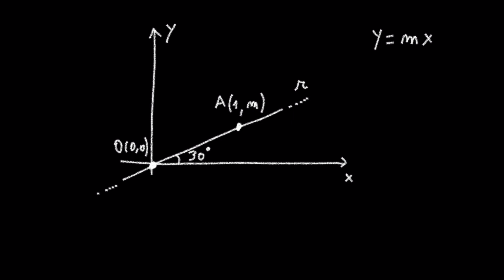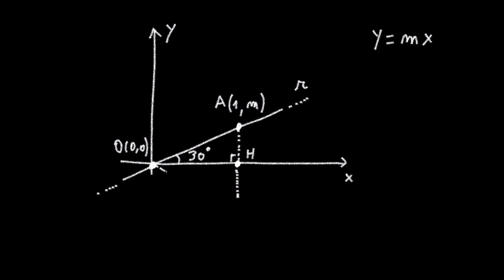Considering triangle OHA, where O is the origin, H is the projection of A onto the x-axis, and A lies on the line, we can see that OHA is a right triangle, and it is half of an equilateral triangle.